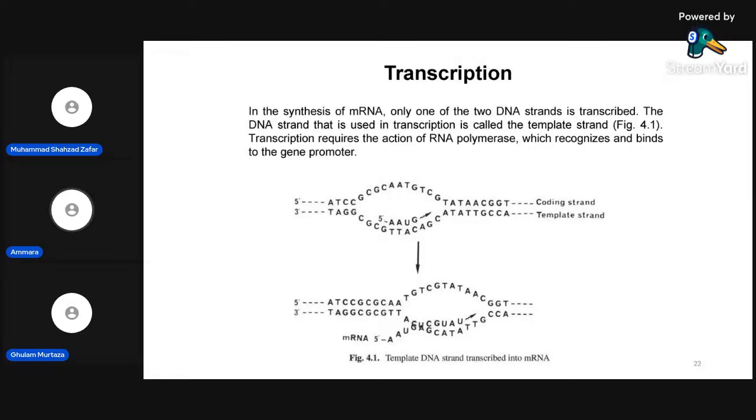You can see T is always paired with A, and A is the complement of T. But when we transcribe DNA into RNA, U is the complement of A. So instead of thymine, U is present in RNA.